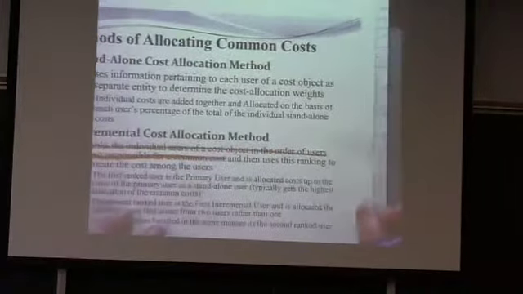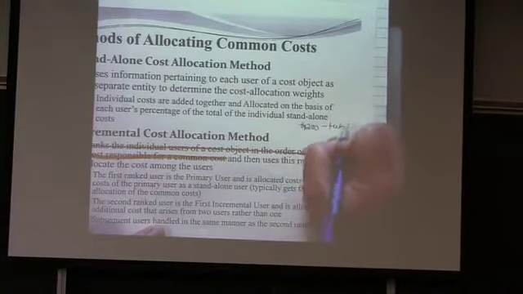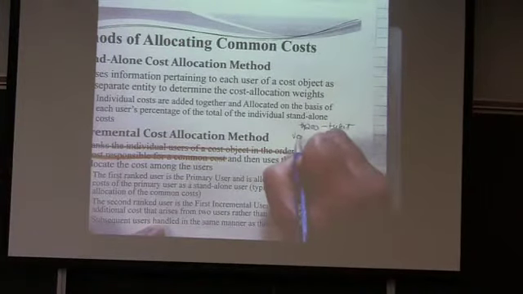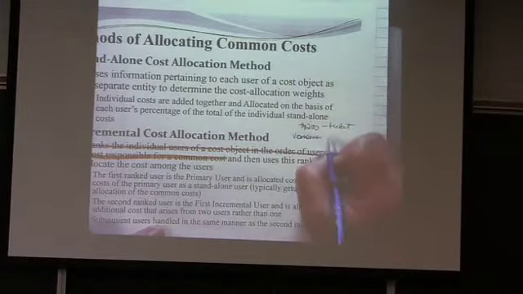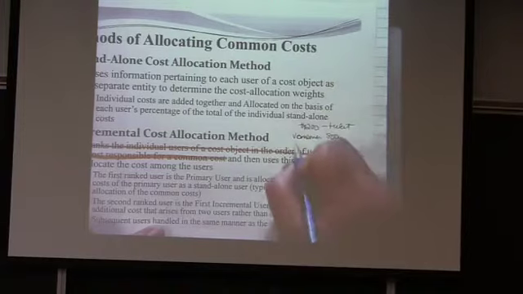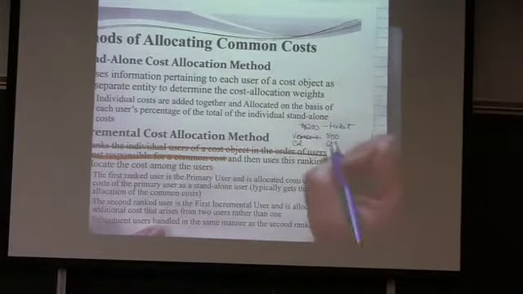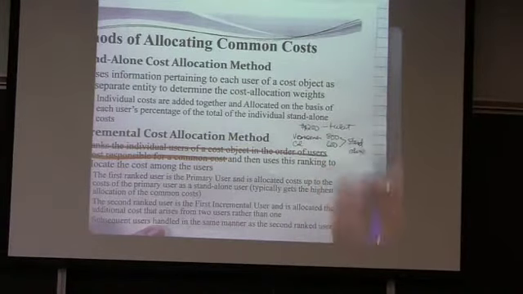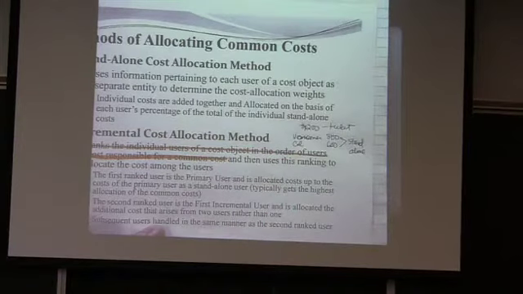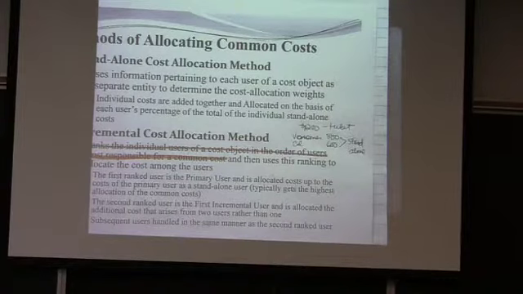So let's say I paid $1,200 for the ticket, and to go to Vancouver costs $800, and to go to Calgary costs $600. These are the standalone costs. Then under the standalone method, we're going to take a look at the relative values.